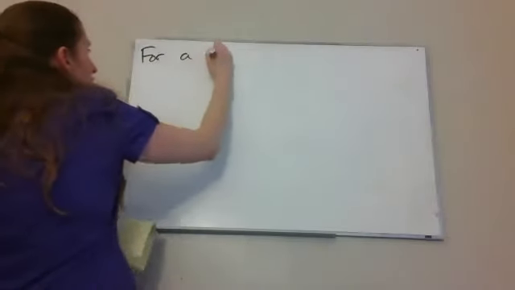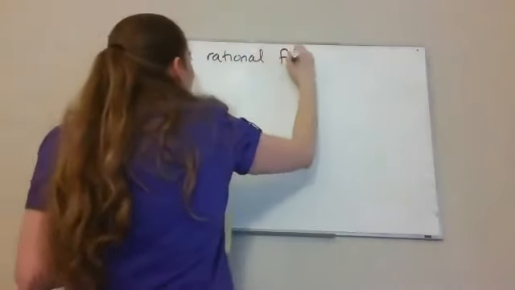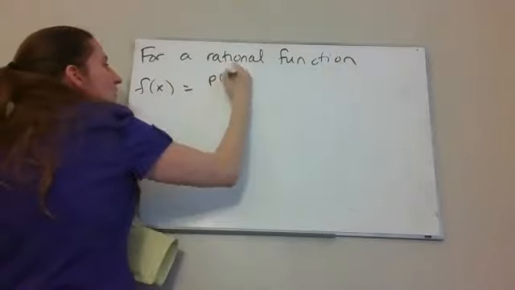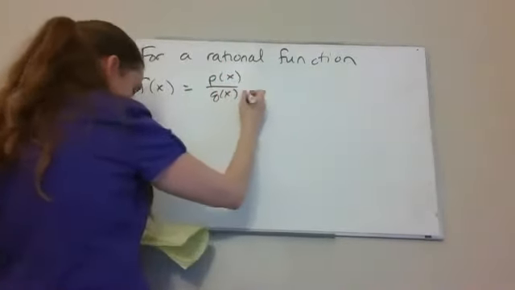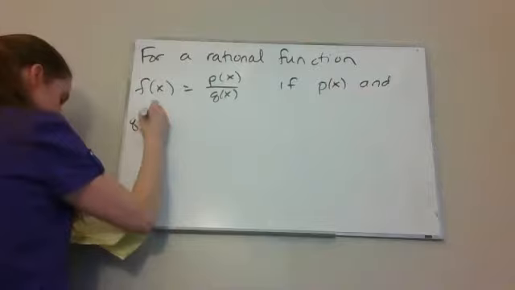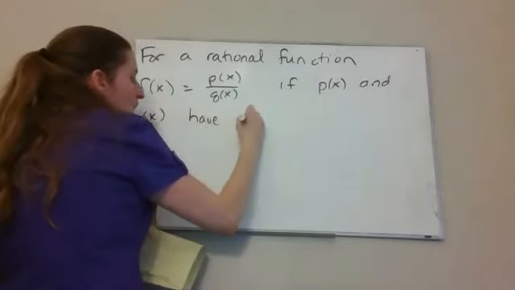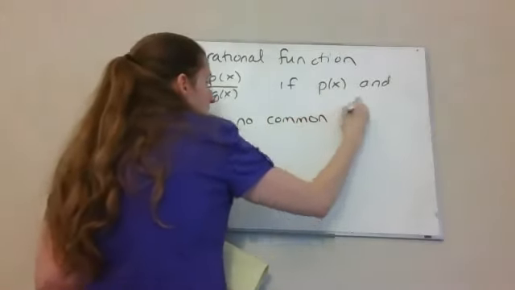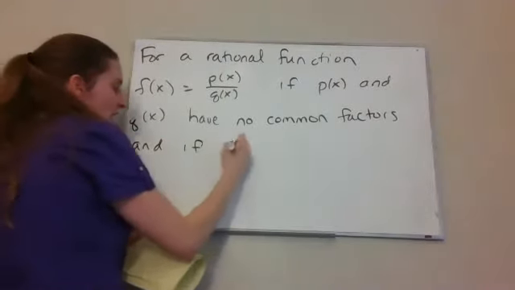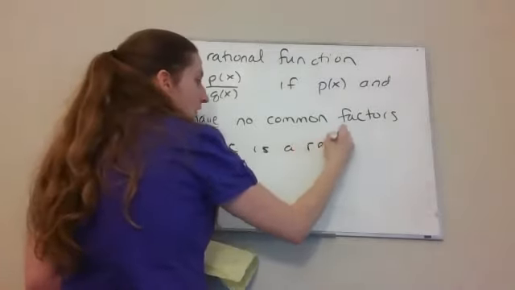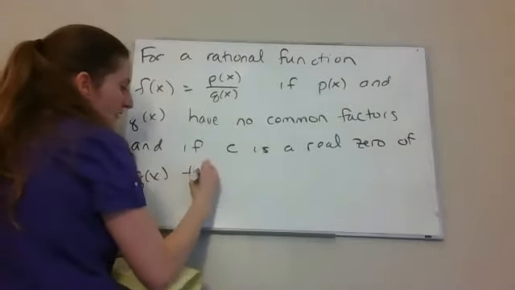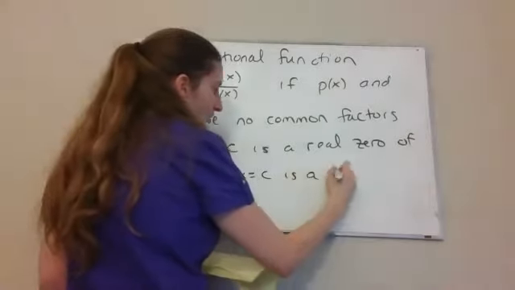So for a rational function, f of x equals p over q, if p of x and q of x have no common factors, and if c is a real 0 of the denominator, q of x, then x equals c is a vertical asymptote of our function.